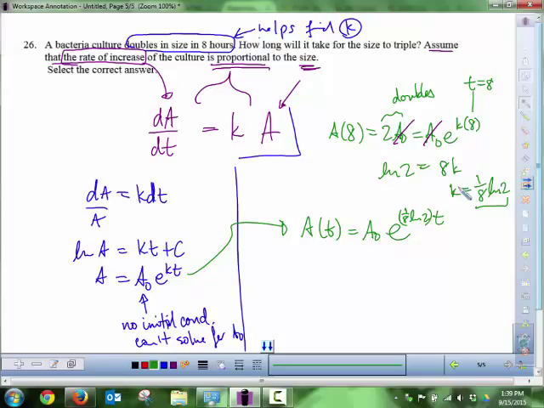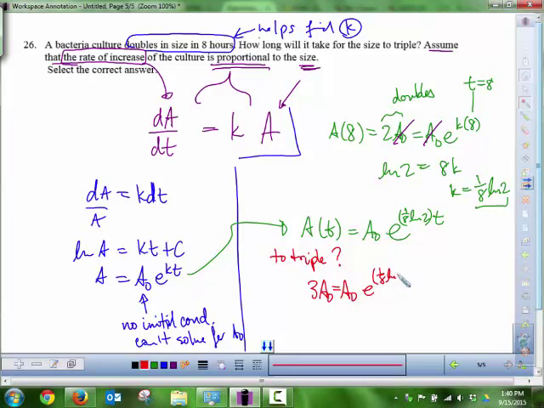And then they asked us when is this going to triple. So when is it going to triple? We're going to set this equal to 3 times the original amount, and then solve for t.